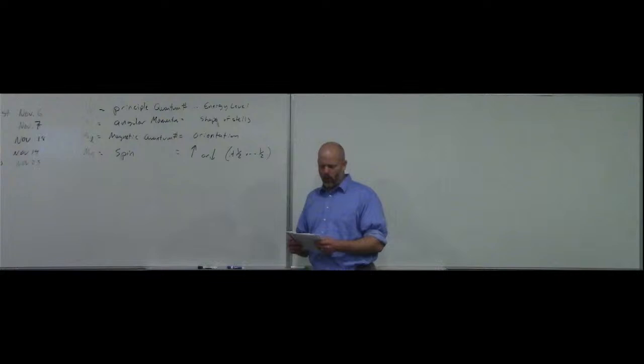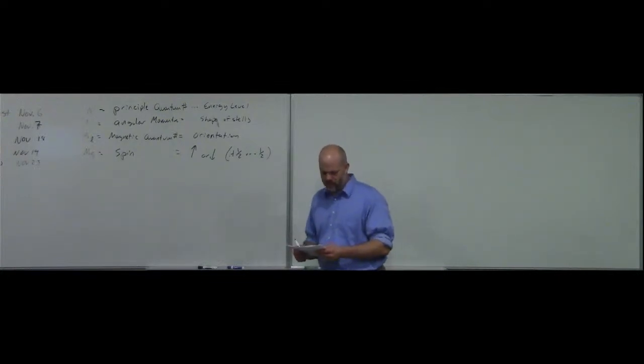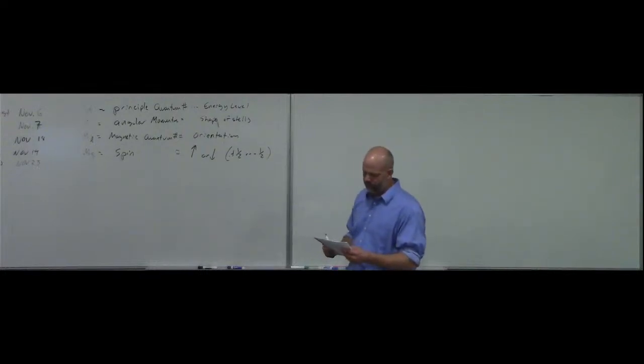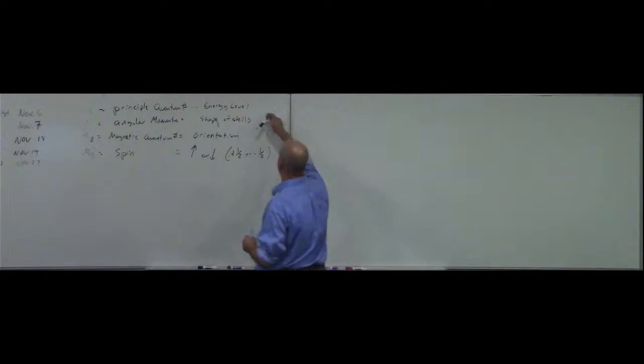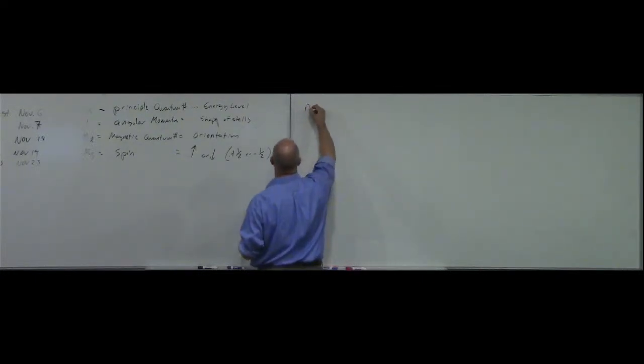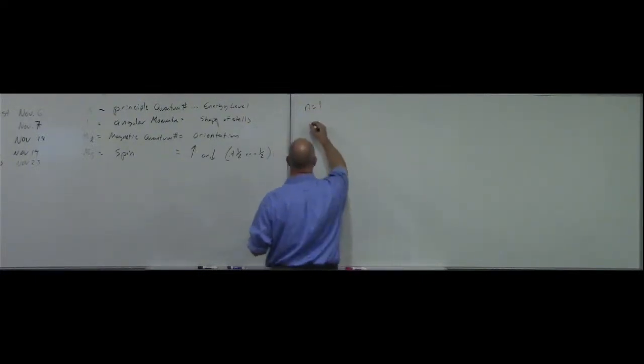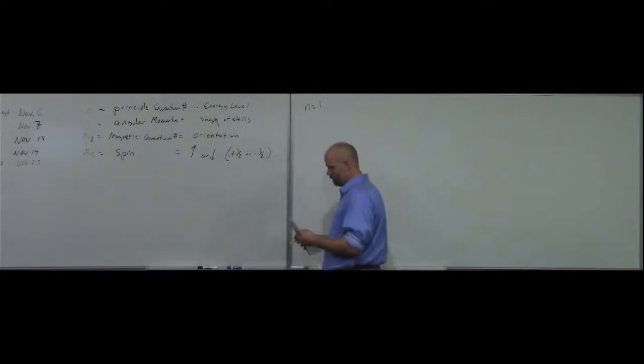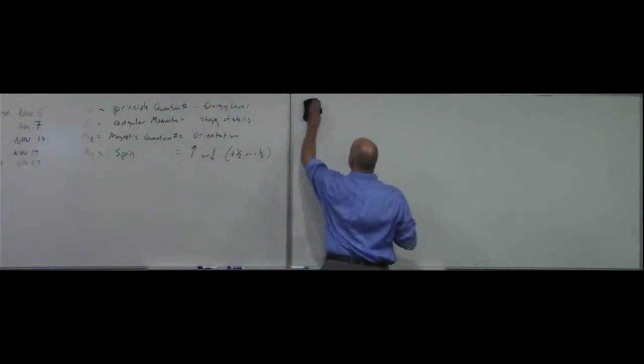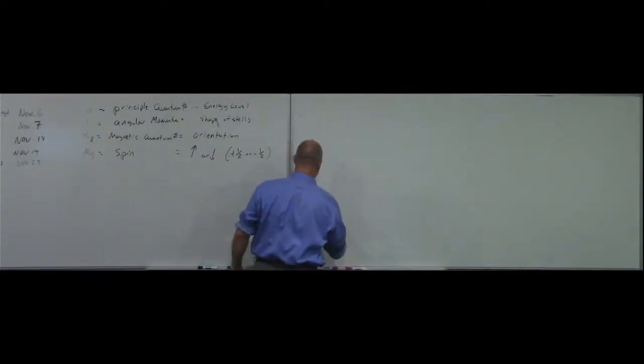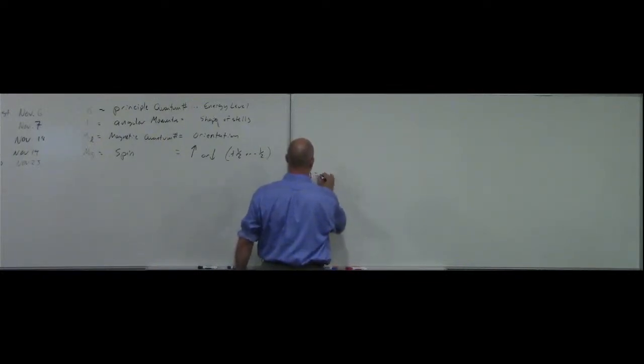So what do we need to know coming out of this? We want to look at orbital energies and atomic structures. The textbook says the energy of atomic orbitals increases as the principal quantum number increases. So in other words, I'm going to start with n equals 1, n equals 2, n equals 3, n equals 4, n equals 5.